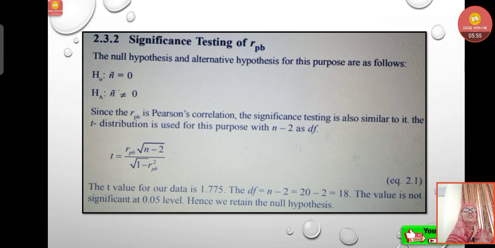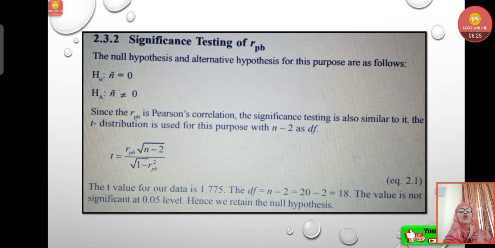Now significance testing of rpb, let's see here. The null hypothesis and alternative hypothesis for this purpose are as follows. H0 is denoted as null hypothesis, HA is alternative hypothesis. Since rpb is Pearson's correlation, the significance testing is also similar to it. The t distribution is used for this purpose with n-2 as degrees of freedom.